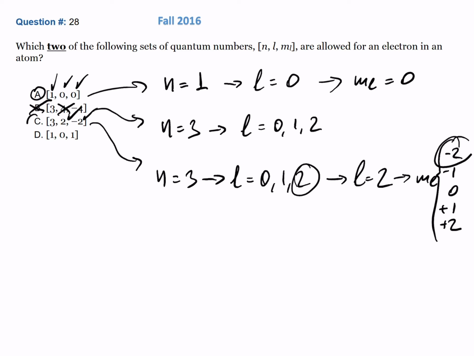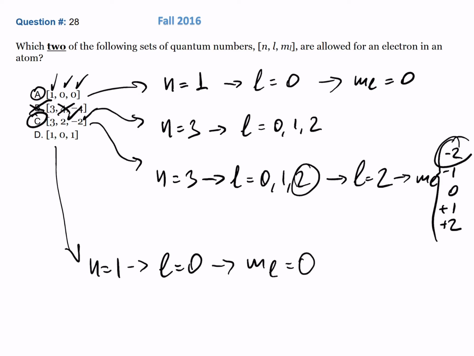So this is the other allowed set. But just for the fun of it, we have this one, n equals 1, L equals 0, and ML is supposed to be 0, but you have a value of 1 there. That is not allowed, so this is not a valid set of quantum numbers.